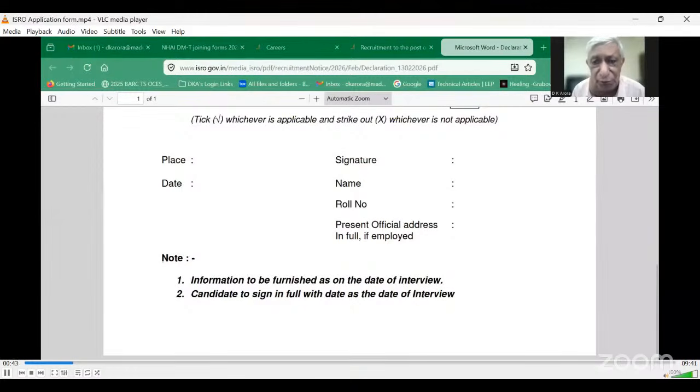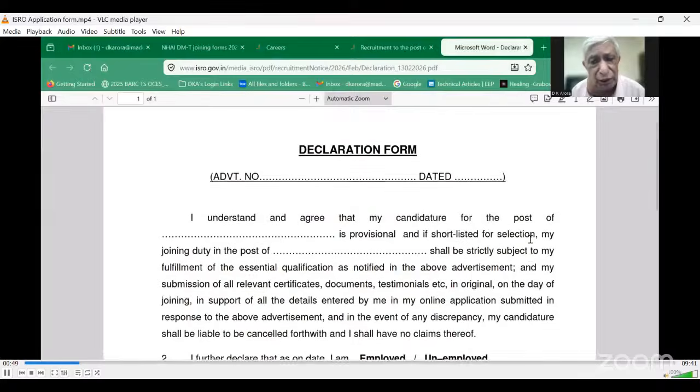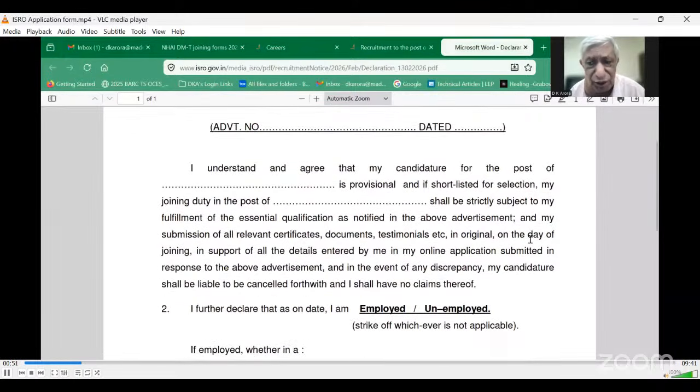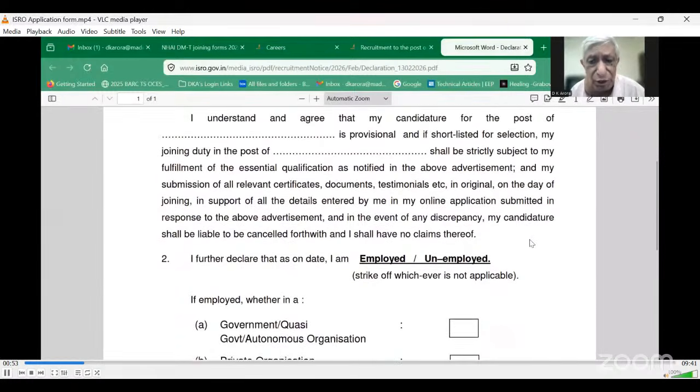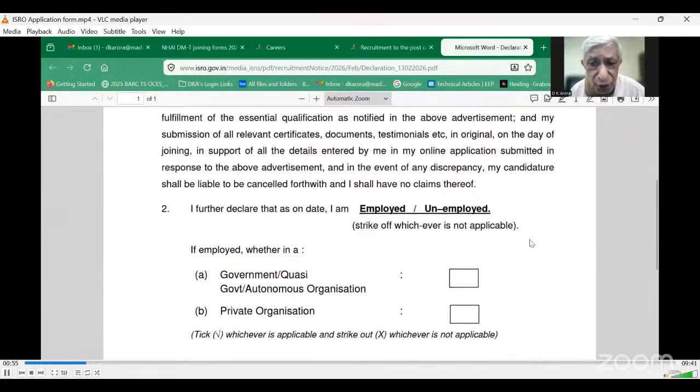That's the simplest of the documents because you are supposed to fill up the declaration also. You can download it from the website of ISRO. Basic particulars only, nothing which requires you to get more details. Point number 2, are you working somewhere or not? If you're not working, then strike off employed and leave unemployed without striking.